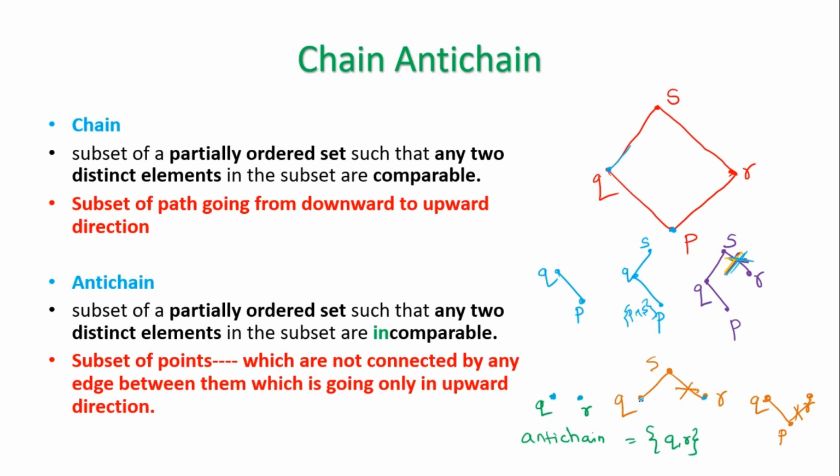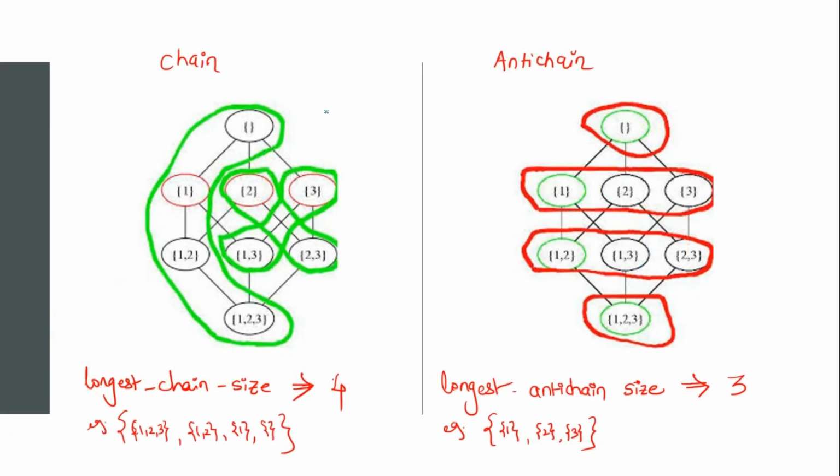If I start with Q to S and S to R, I have to come in the downward direction. This is not possible. Again, if I start with P, I can go to Q, but I cannot go to R. Again, for reaching R from any other vertex, I have to go in the downward direction. So this is also not possible. So there doesn't exist a path between Q and R which goes only in the upward direction and meets both vertices at the same time. So this is an anti-chain. These are some examples of chain.